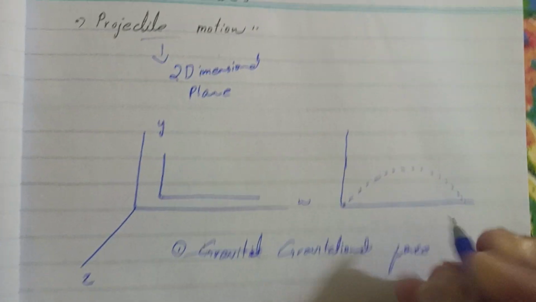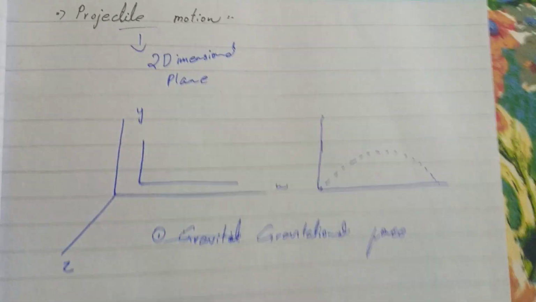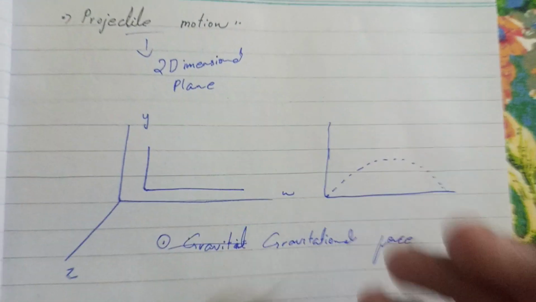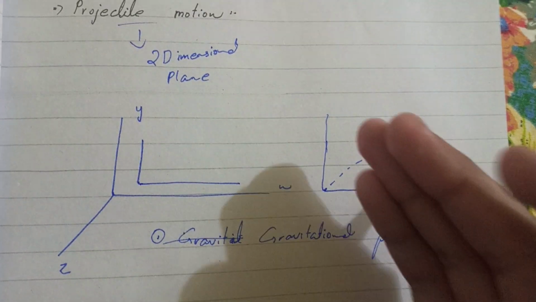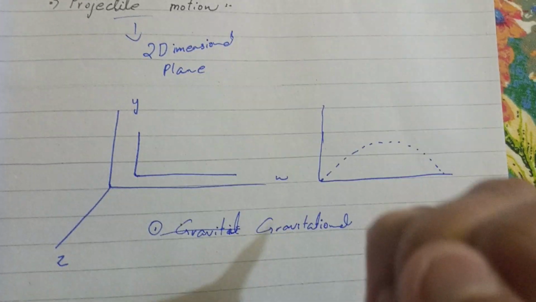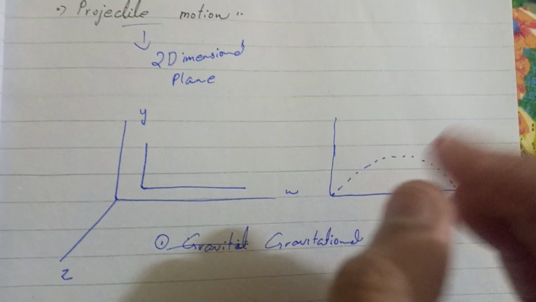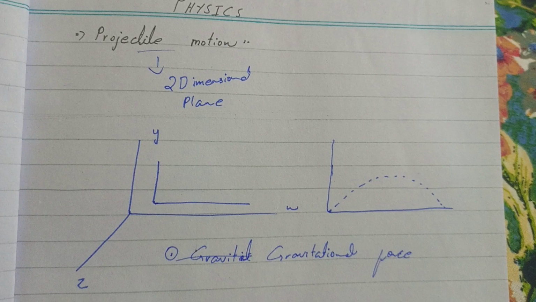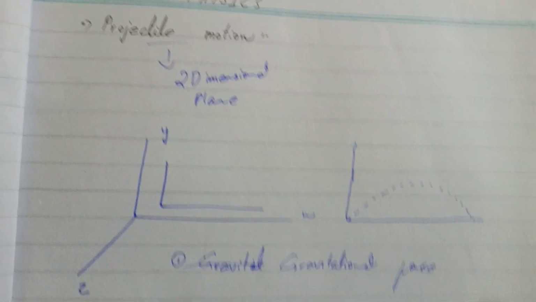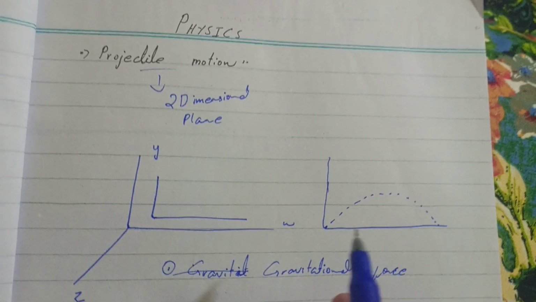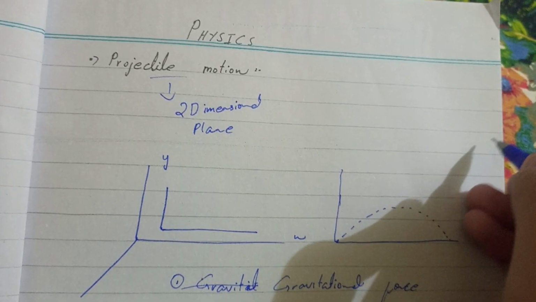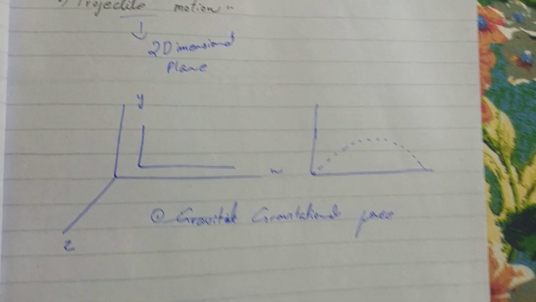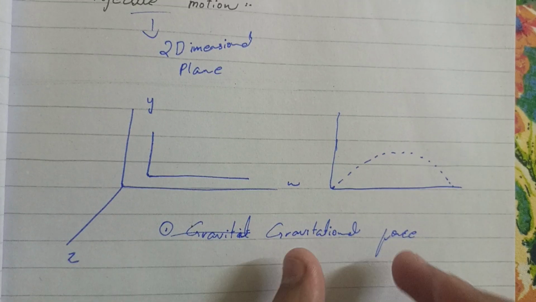If you are throwing the ball, it comes down after throwing, because there's a force attracting this ball, or any object that you have thrown, towards the ground. That's the reason it is coming down. If we didn't have the gravitational force, it would go directly into space and go on forever. But we have gravitational force.